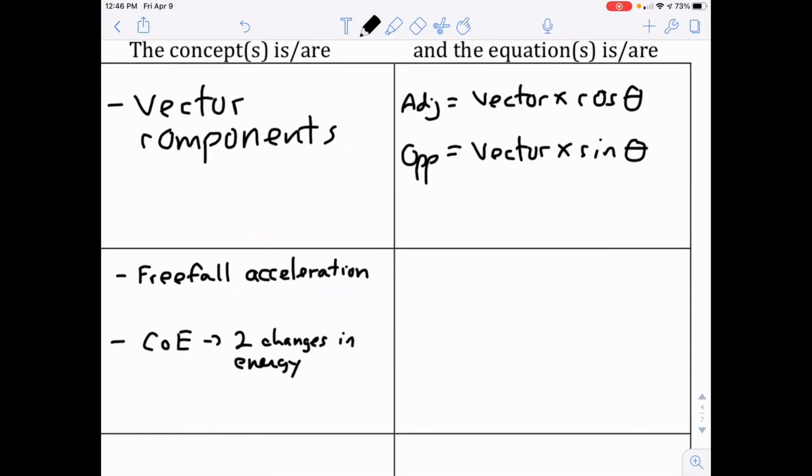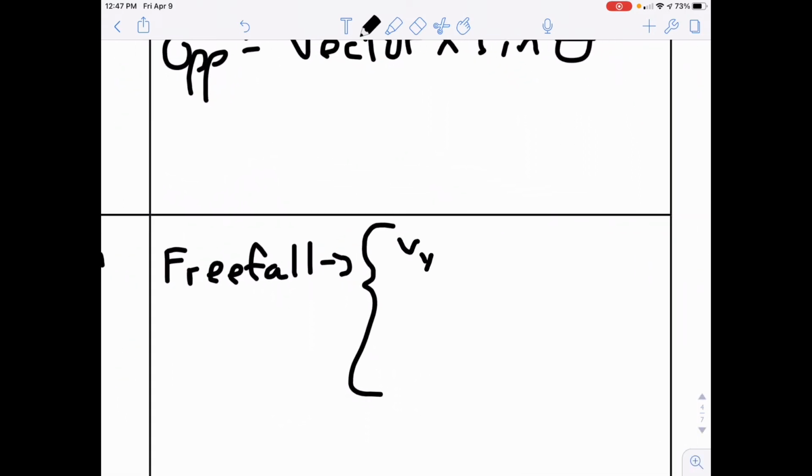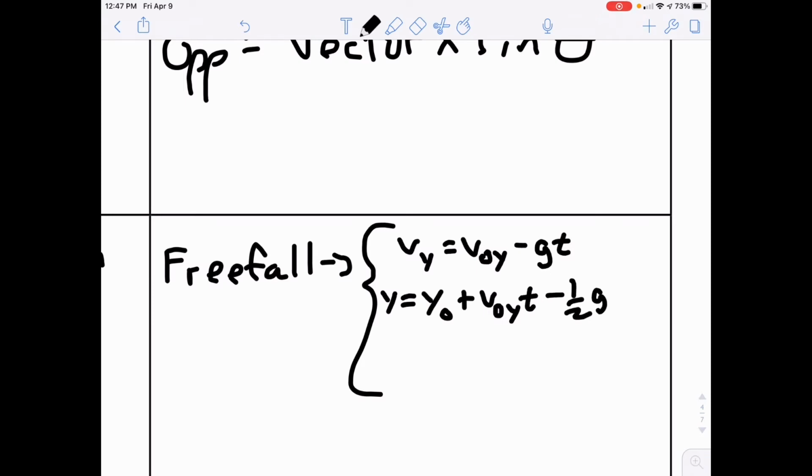So if we're looking at free fall as the concept, then the following equations would be Vy equals V naught in the y direction minus g times t, or y equals y naught plus V naught y times t minus 1/2 g t squared, or Vy squared equals V naught y squared minus 2g times y.